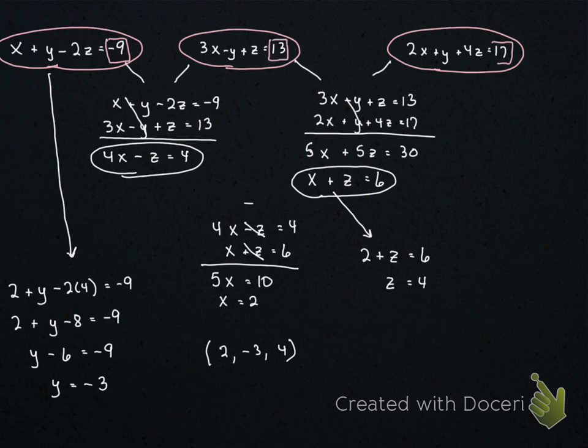You need to make sure that, first and foremost, that is the form that your equations are in. Secondly, you need to write them in order x, y, z. So when you stack them, x is above x, y is above y, and z is above z.